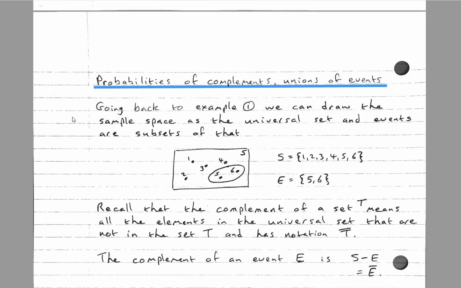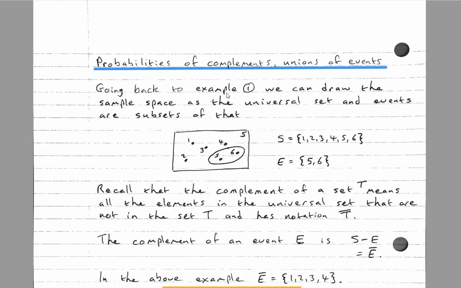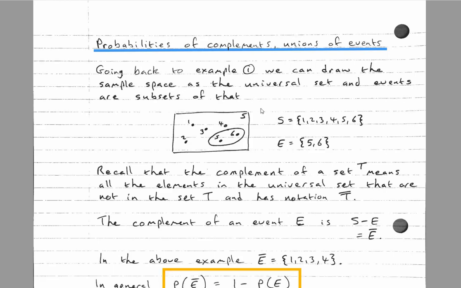Okay, so just one more topic, probabilities of complements and unions of events. I probably should have drawn this earlier. So back in example 1, we can make a nice picture. So remember our work in sets. We have these Venn diagrams.